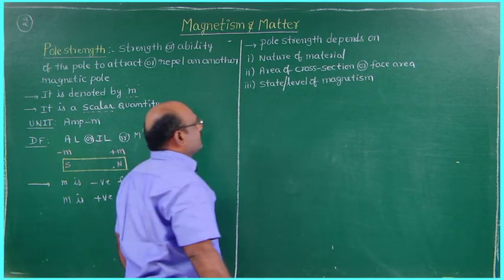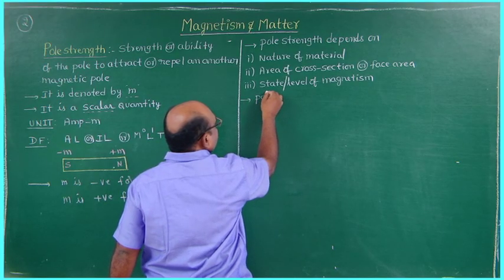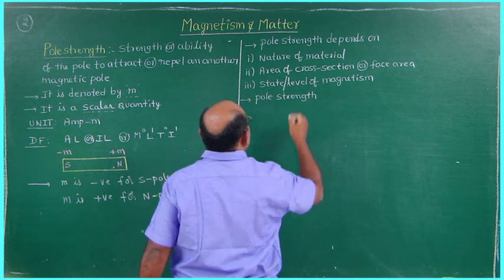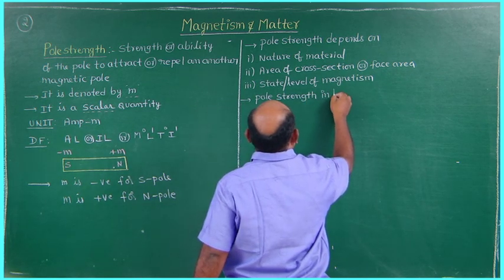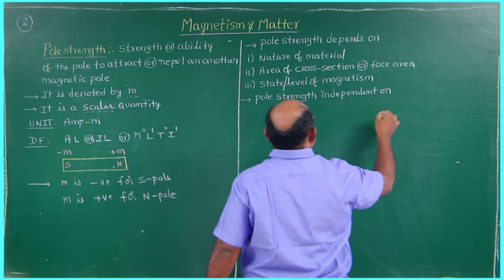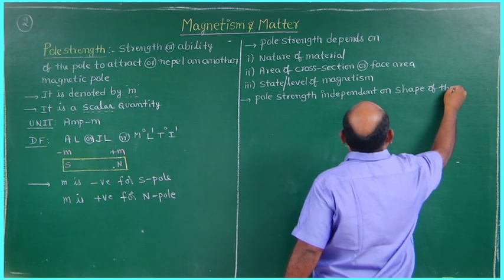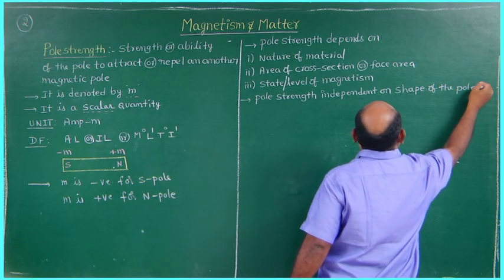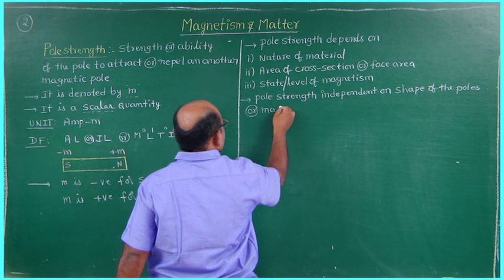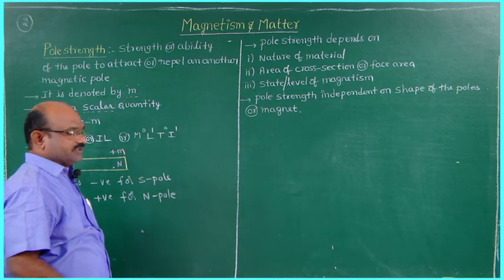So, these are the dependences. Pole strength is independent of the shape of the poles, or the shape of the magnet.